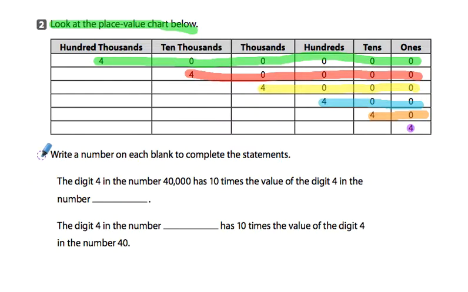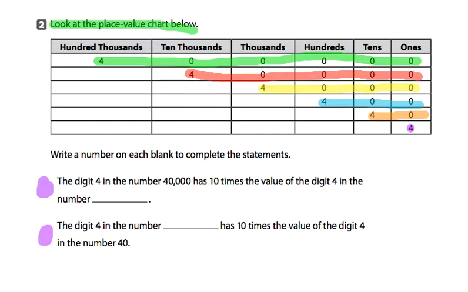It says write a number on each blank to complete the statements. These are the statements. These are what you're filling in to complete, not the chart. The digit 4 in the number 40,000 has 10 times the value of the 4 in the number blank. All right, so let's look at the 4 that's in the number 40,000.